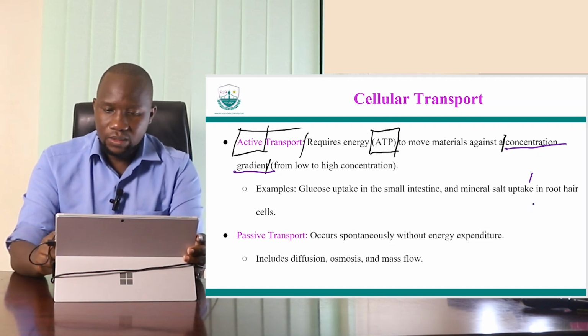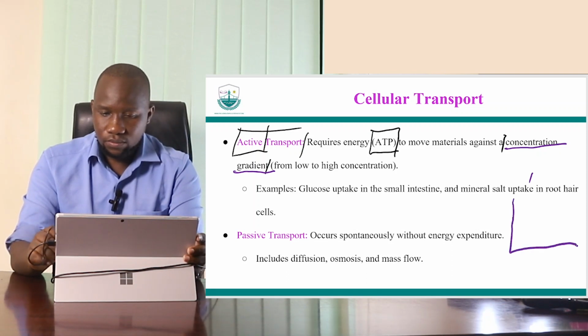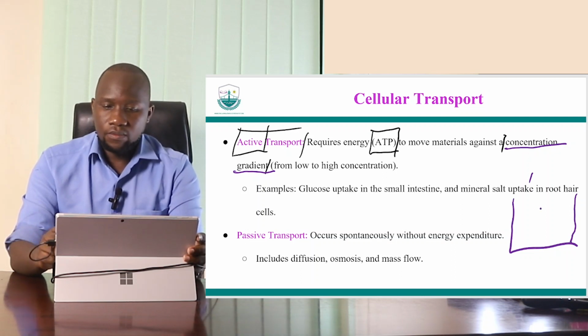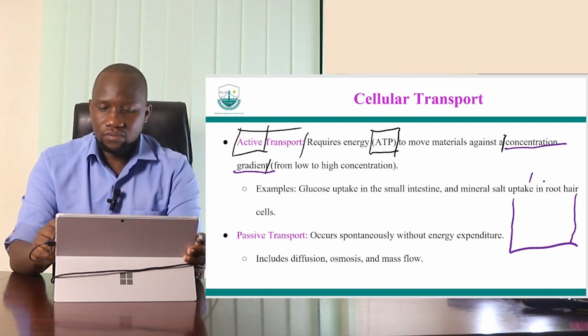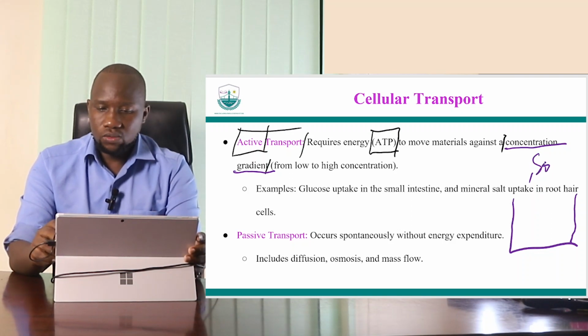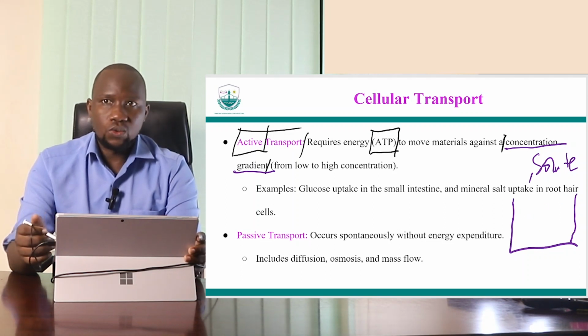In simple terms, if we had a solution, so this solution is because we have dropped colored solids into this liquid that has turned into a solution.